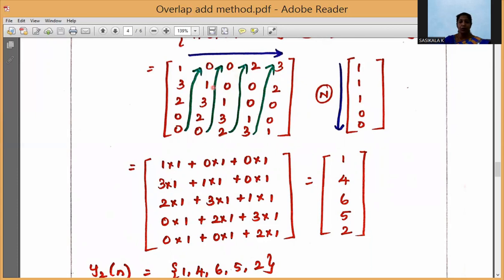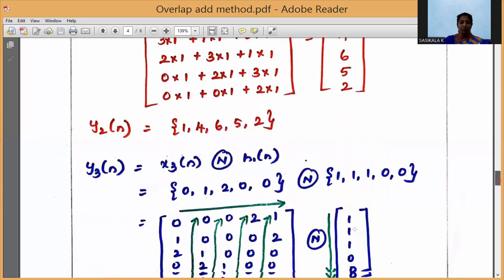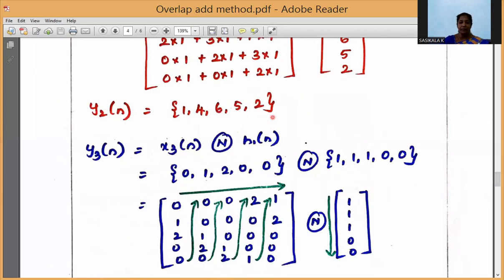Second row is 3 into 1 plus 1 into 1 plus 0 into 1. Third row is 2 into 1 plus 3 into 1 plus 1 into 1. And fourth row is 0 into 1 plus 2 into 1 plus 3 into 1. And fifth row is 0 into 1 plus 0 into 1 plus 2 into 1. So I have got 1, 4, 6, 5, 2. So y2 of n is equal to 1, 4, 6, 5, 2.